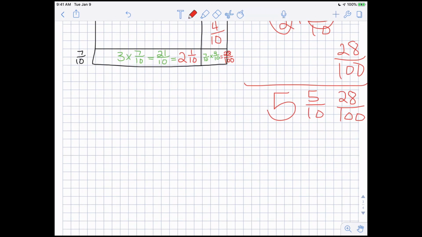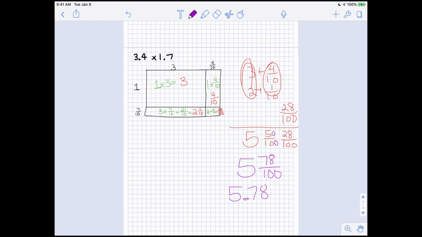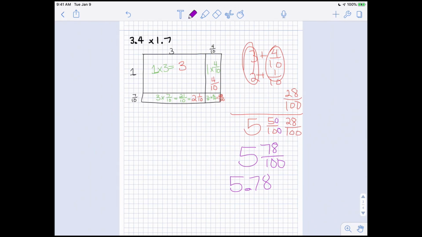Well, how do we add 5/10 plus 28 hundredths? Well, 5/10 is the same thing as 50 hundredths. So all of a sudden we end up with 5 and 78 hundredths, which is 5.78. Whoa, we're all over the map here.